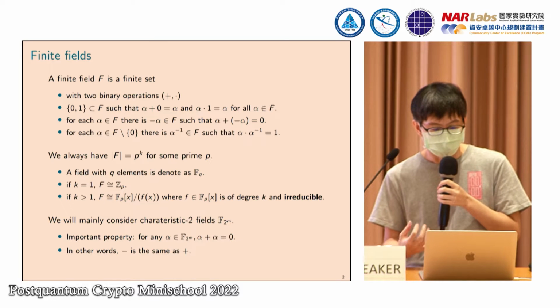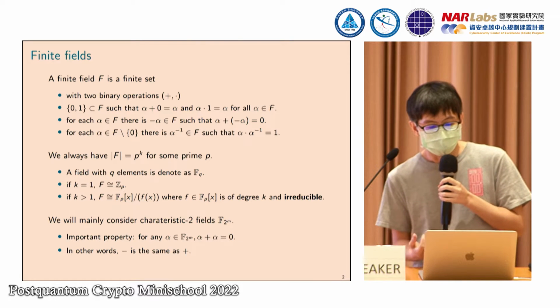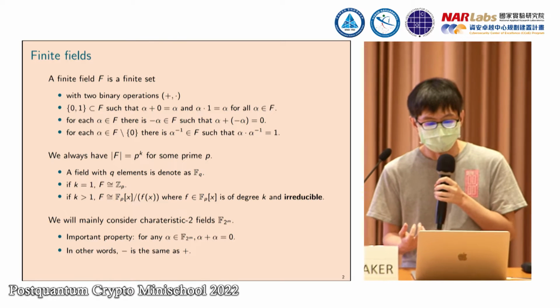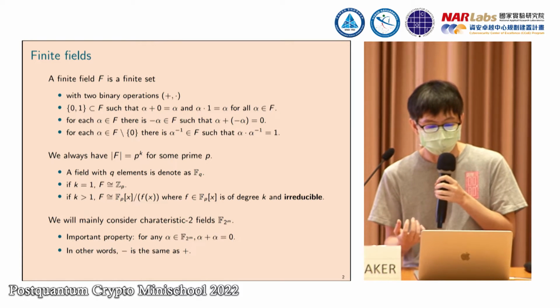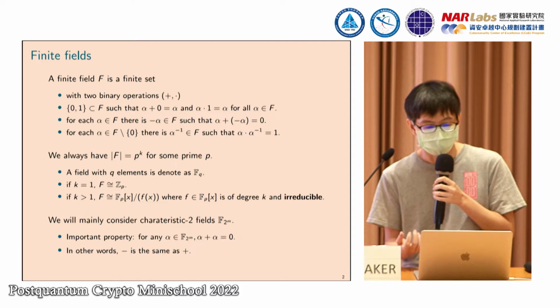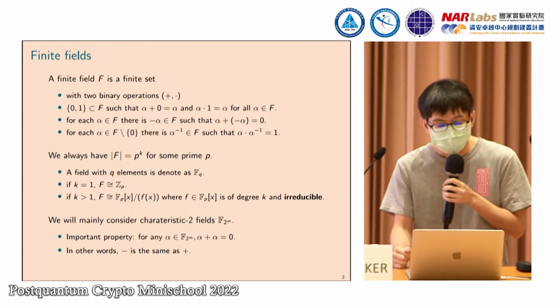Okay. So this might sound a bit abstract. If you need a concrete construction, here is how you can do it. Basically, the number of elements in a finite field is always going to be p to the k for some prime p.